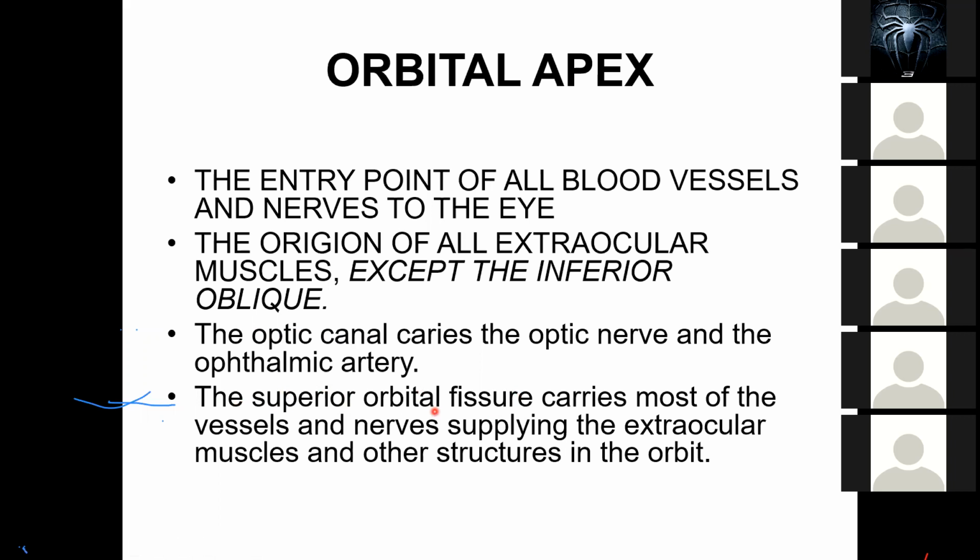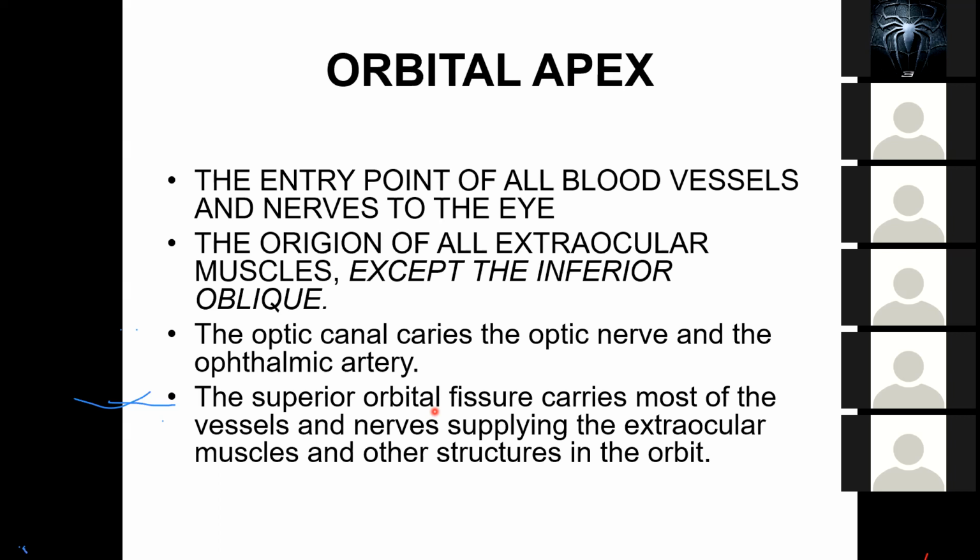So here we are differentiating what you will find in each of them. We are saying that the orbital apex is the point of entry for all the vessels and nerves, and also for all the extraocular muscles, except the inferior oblique.